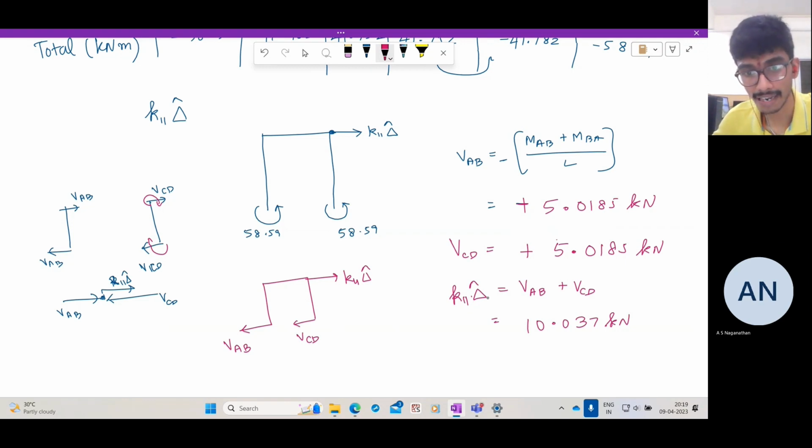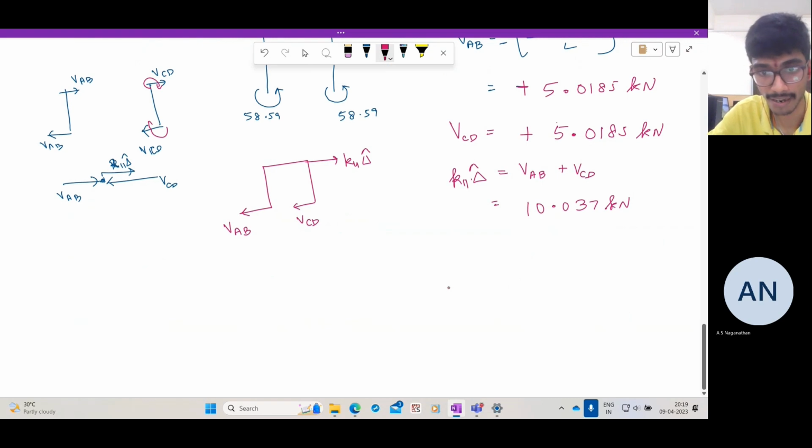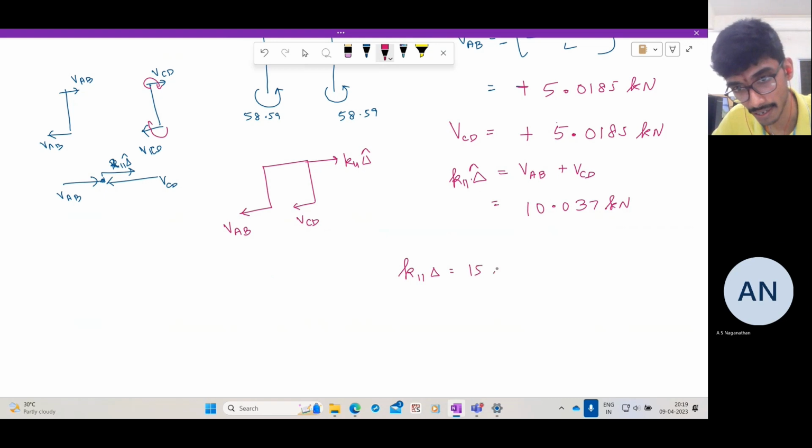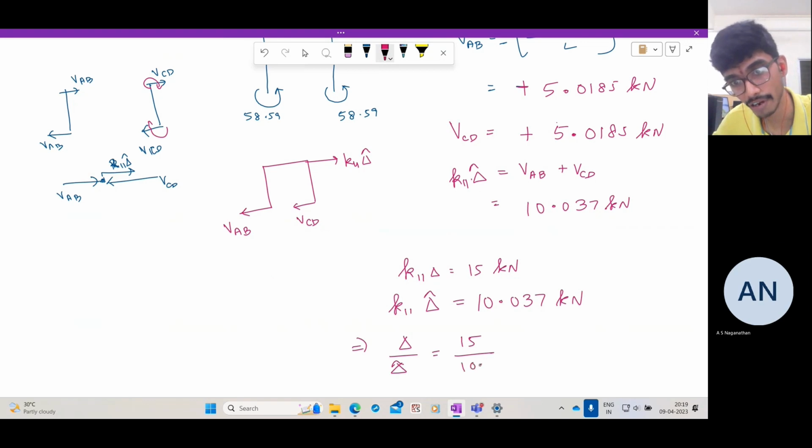But we don't want delta cap. What we want is delta. So we have this relation: K11 delta is equal to 15 kilonewtons and K11 delta cap is equal to 10.037 kilonewtons. Which means delta by delta cap is equal to 15 by 10.037.